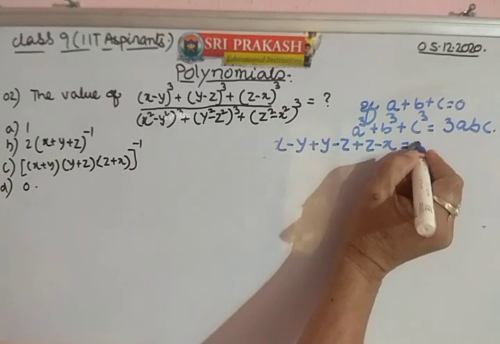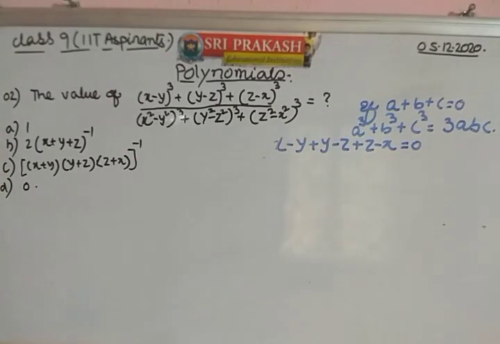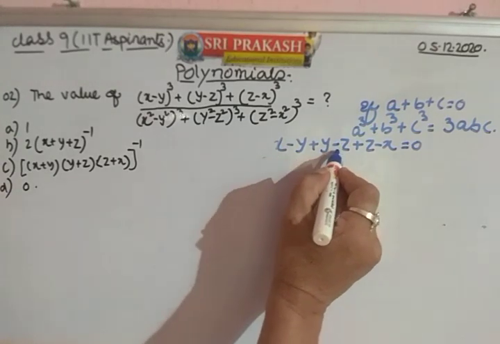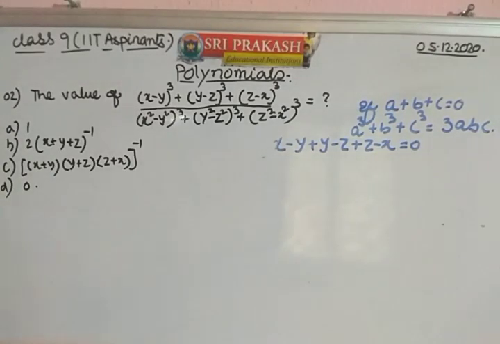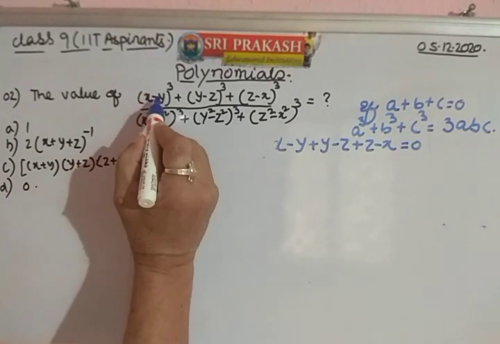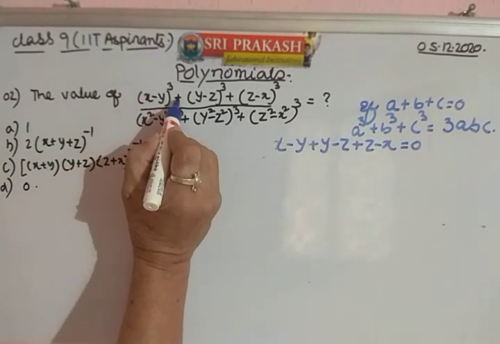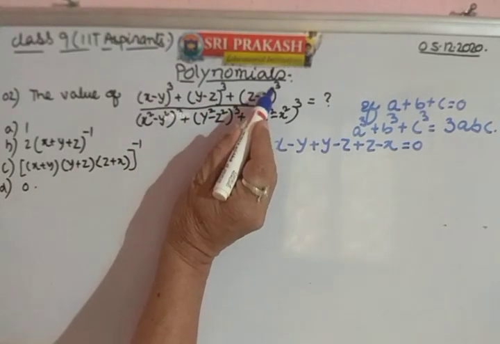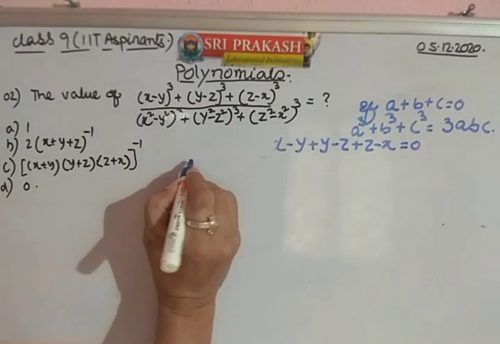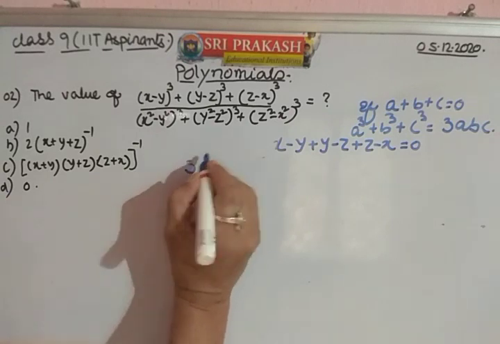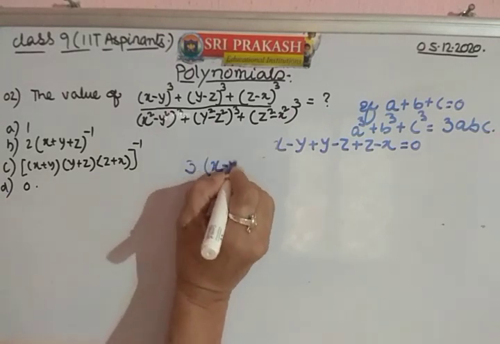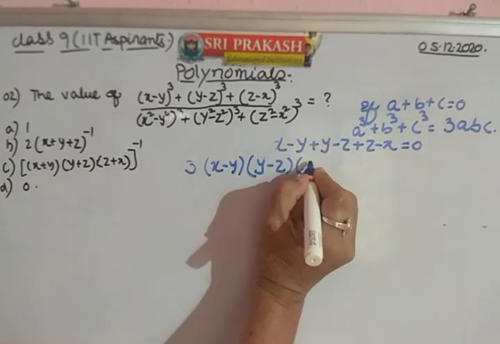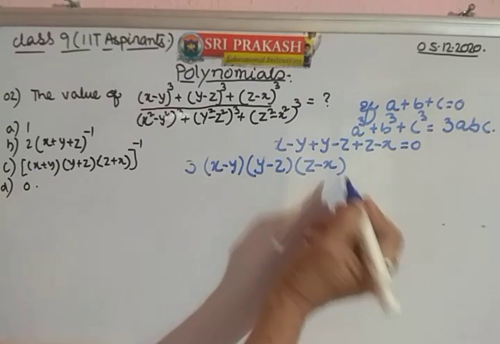Everything cancels and you get 0. So in place of x minus y whole cube plus y minus z whole cube plus z minus x whole cube, what you can write? You can write 3 into x minus y into y minus z into z minus x.